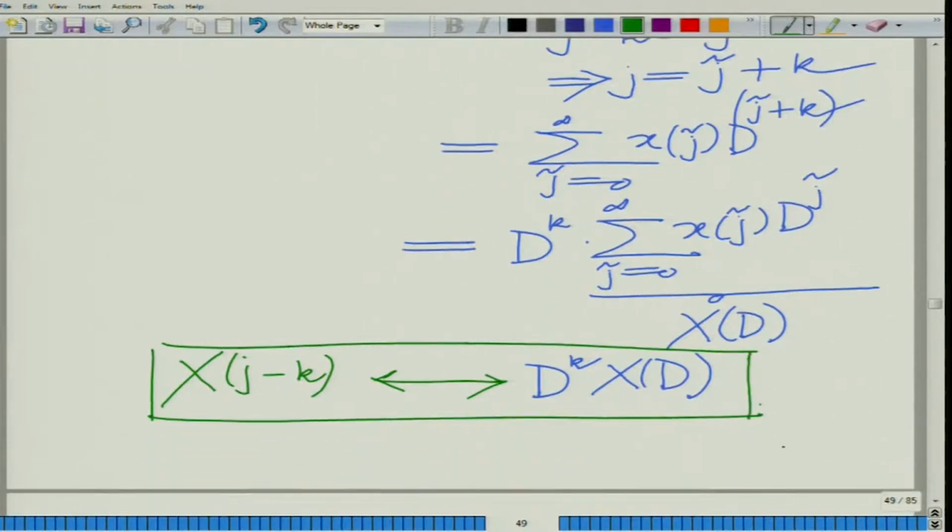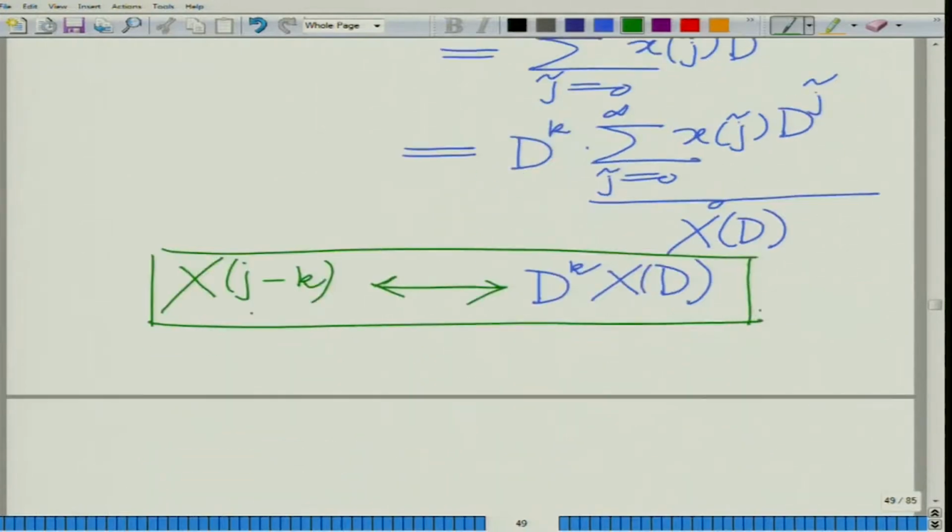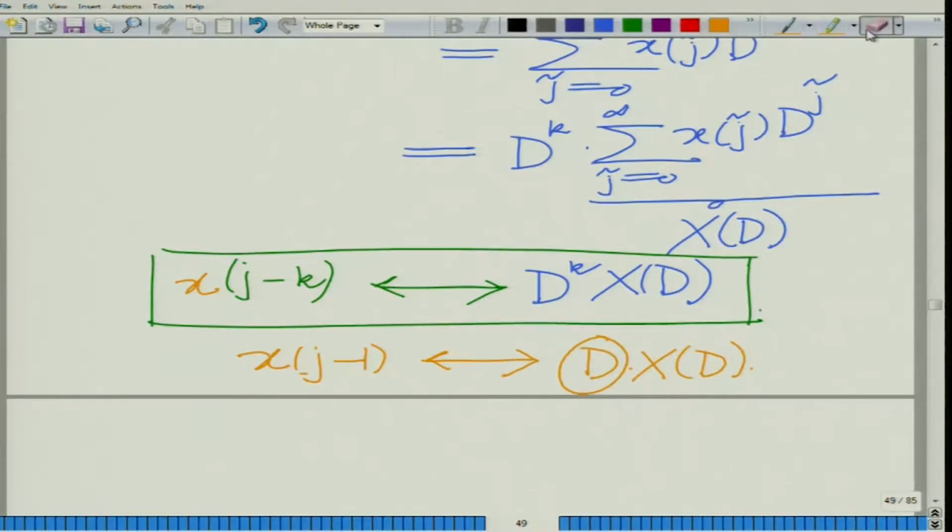Now in particular, if you look at x of j minus 1, that will have a transform D times x of D, and therefore this D represents a delay.